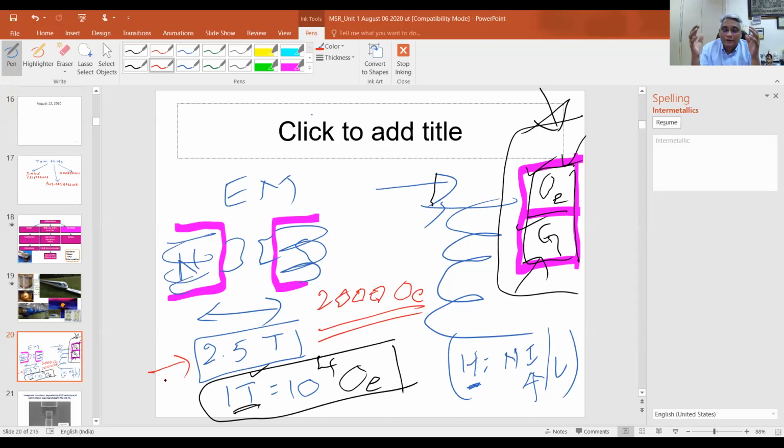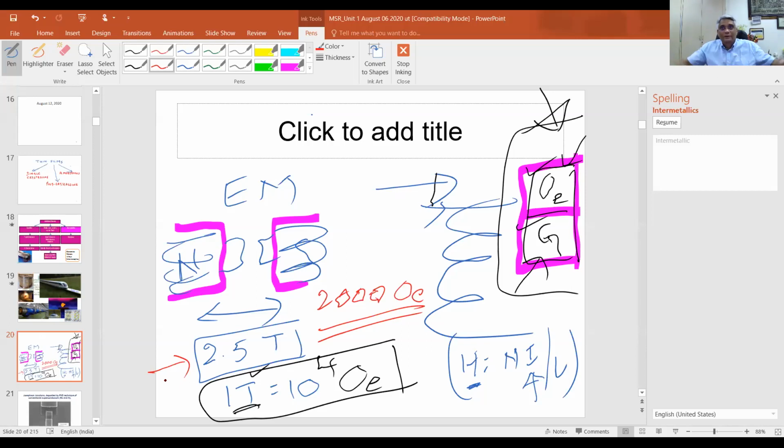I can't pass a current of 200 amps through even a 1 centimeter diameter copper tube, or rod form. So the maximum current you can pass through is, say, 40-50 amperes to get 2.5 Tesla, and there is a lot of heat generated during the flow of this current.